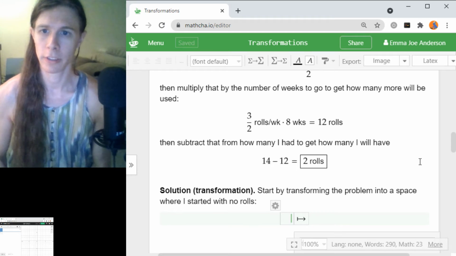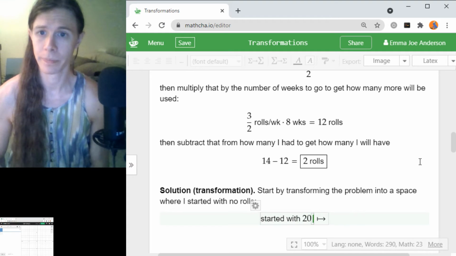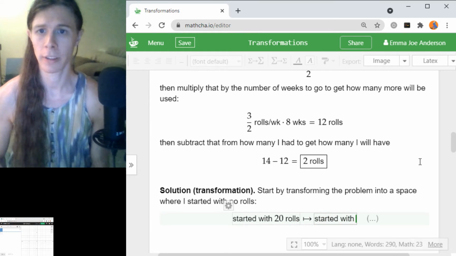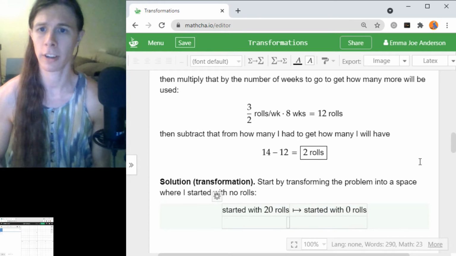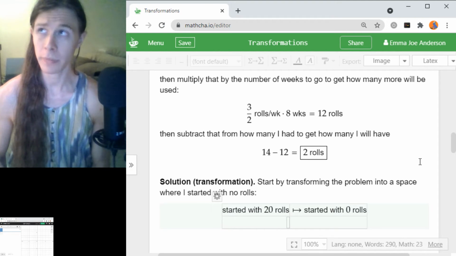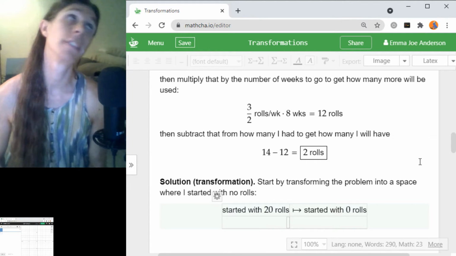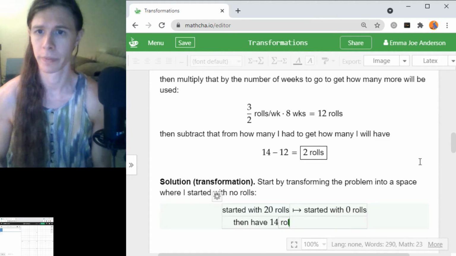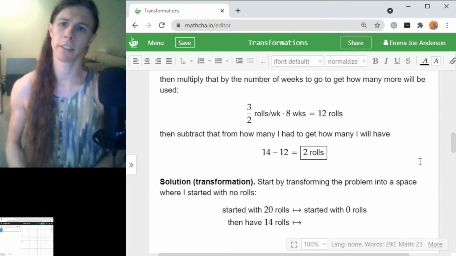So started with 20 rolls needs to go to started with 0 rolls, and then after 4 weeks, have 14 rolls is going to change. So the question is, what is the transformation?